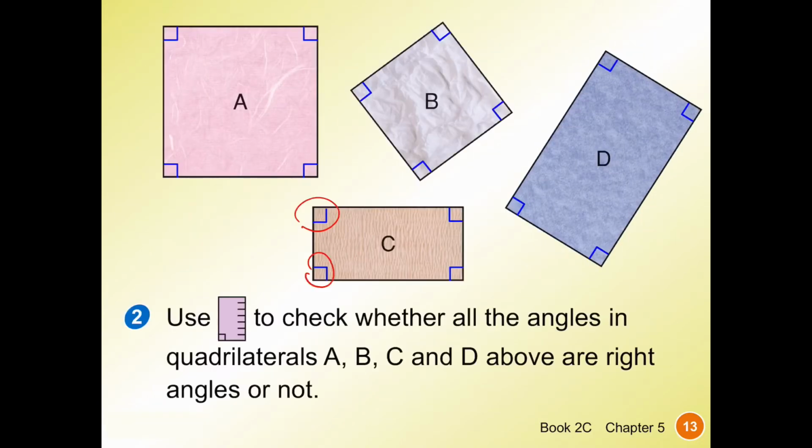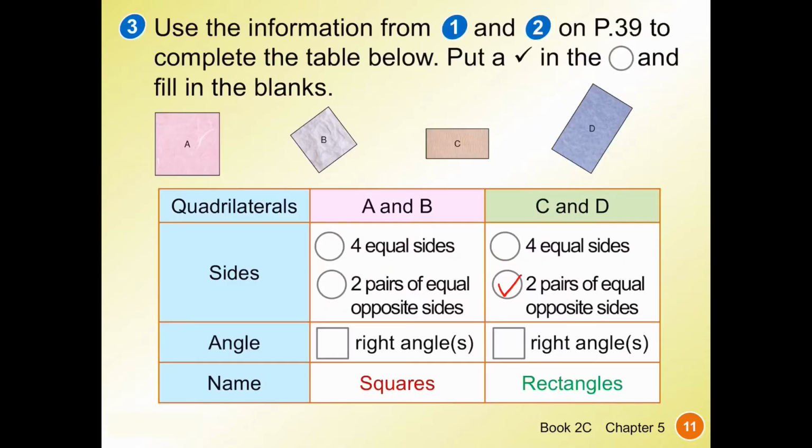And both quadrilateral C and D have 4 right angles. So for any quadrilaterals that have 2 pairs of equal opposite sizes and 4 right angles, we call them rectangles.